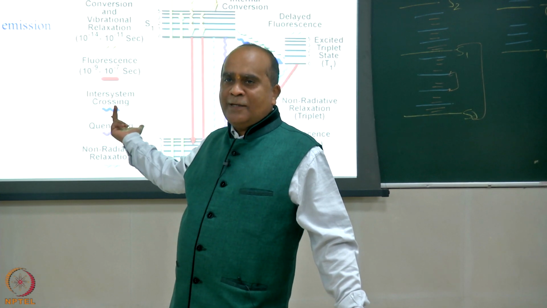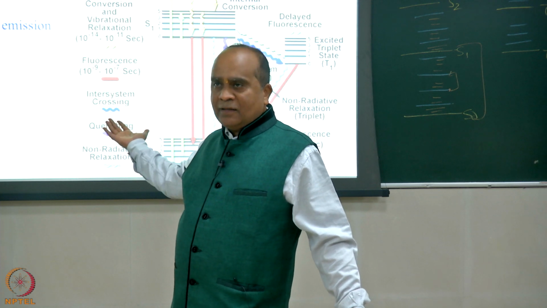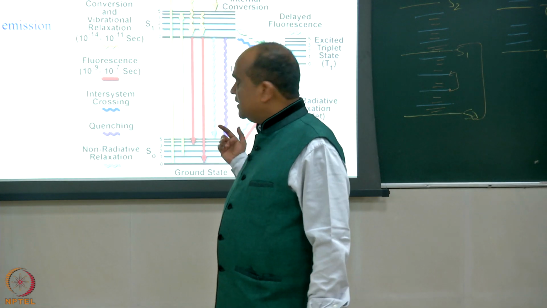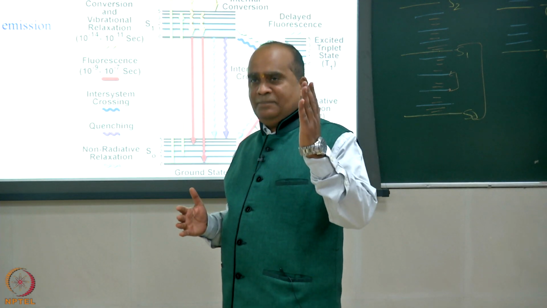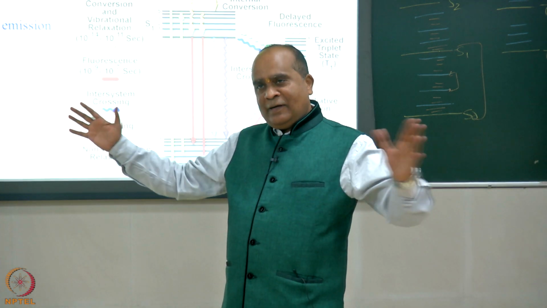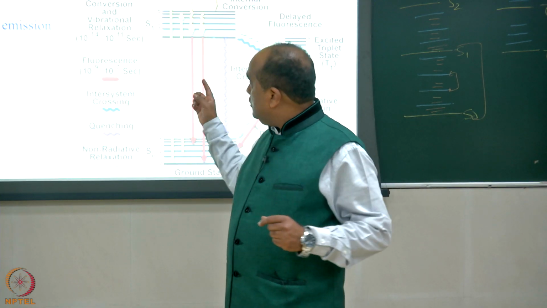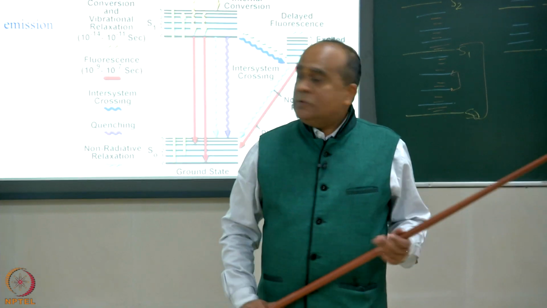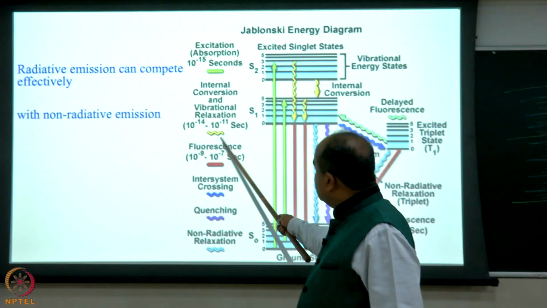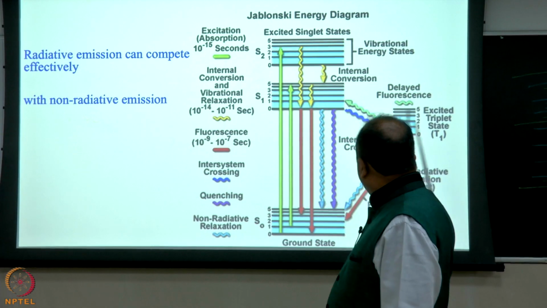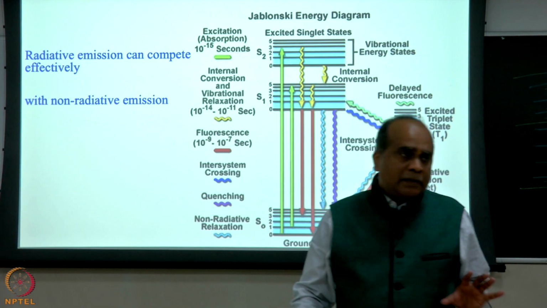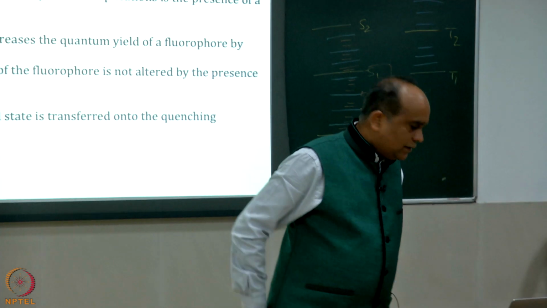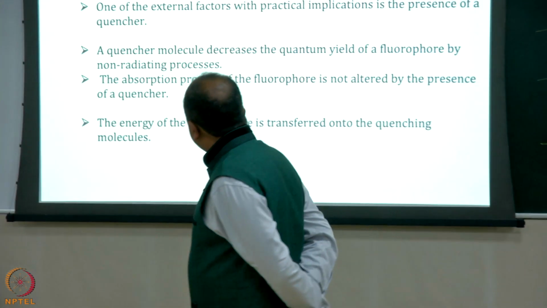Even if I have to design two probes, how far they are, how close they are, you have to have an understanding of the Jablonski diagram, because your emission should not overlap if I want the probes to talk. And if I want to do dynamics, I have to choose a property, like fluorescence happening here, phosphorescence happening here. So, the property of a fluorophore and their time scale determines lots of things, and therefore, the Jablonski diagram is important.